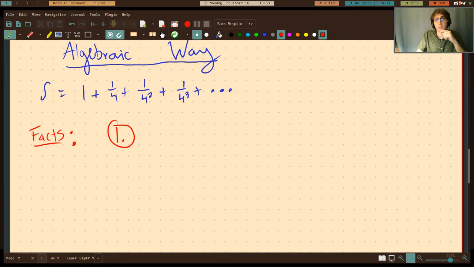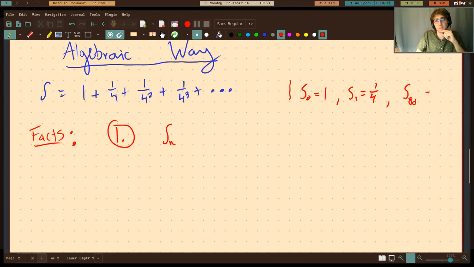In fact, you can build the whole series with just this recursion relation. Let's call the nth term in this series S sub n. In other words, S0 is equal to 1. S1 is equal to a fourth, right? Because we get the next term in this series by multiplying the previous one by a fourth.